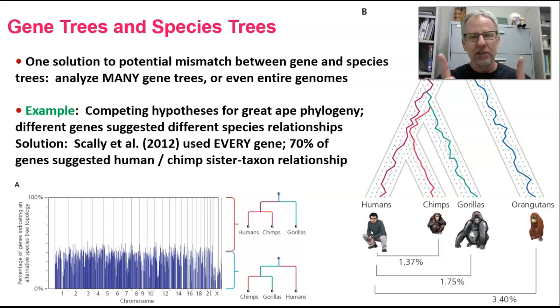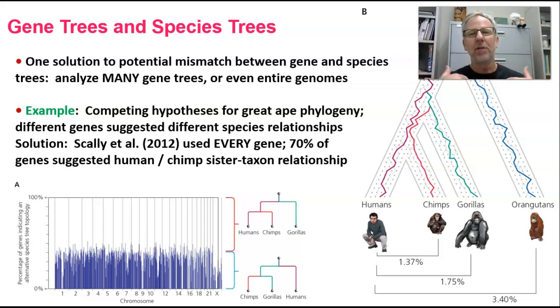So a solution to this, and this doesn't just apply to humans and chimps and gorillas, but it applies to any study that's trying to explain the relationships of different species using genetic molecular data, is to analyze many gene trees, not just a couple or a handful, but as many as possible, or even better, entire genomes.